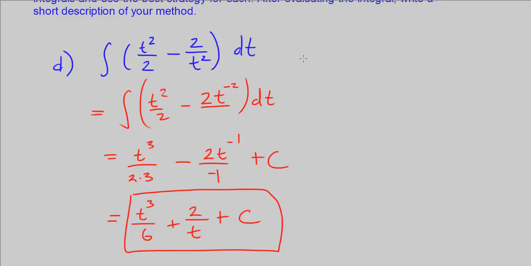So again, the method I used was to first just simplify the expression so we don't have any powers in the denominator or any variables, then to use the reverse of the power rule for integration. Don't forget the plus c because it's an indefinite integral. So there we have it. That ends CPM Calculus Chapter 5, number 32.